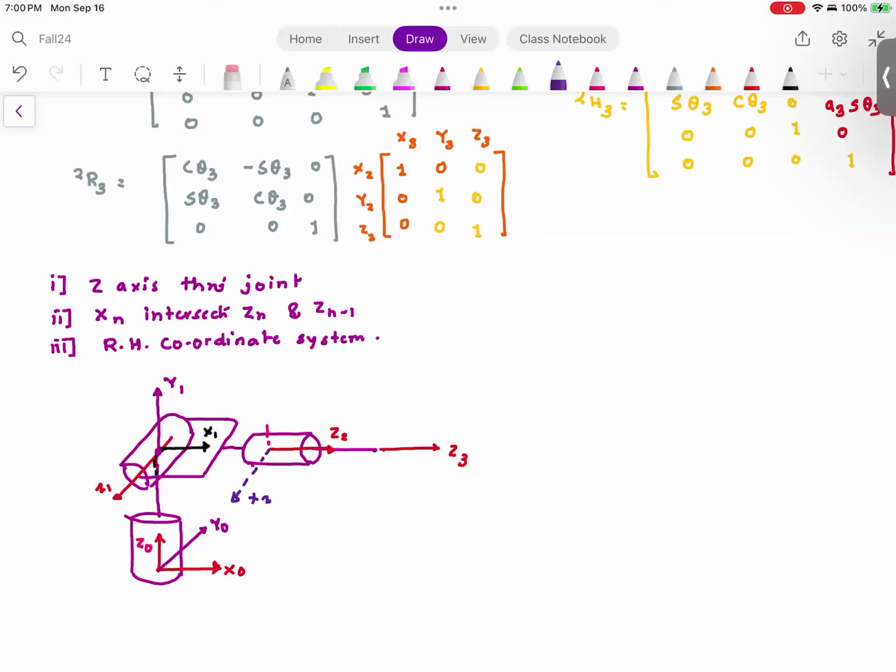So now, since we don't have any other choice, I'm going to assume my X2 to be something like this. You can assume X2 in the other direction also, but X2 like this. So check, I have X2, Z2. So this is going to be my Y2.